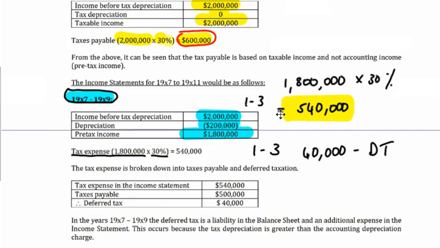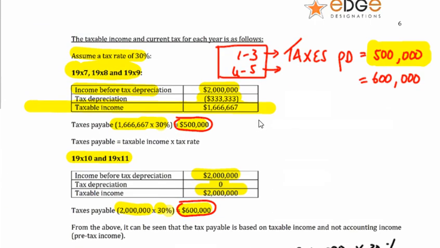Why? Because in the next couple of years, when my depreciation charge becomes less for tax purposes, and he gives me less of a deduction, in fact, he gives me 0 deduction in years 4 and 5, what then will happen? Oh, well, then I'm going to have to pay more tax, as you can see. Then my tax goes from $500,000 in the first 3 years to $600,000 in years 4 and 5.